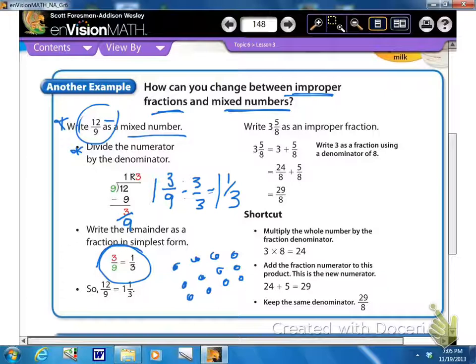You could then say, well, I'm going to take my 1 whole, right? And how many pieces do I have left? I have these 3 pieces left, and it still takes 9 to make 1 whole. And I would then, of course, write it in simplest form, which would make it 1 and 1/3.